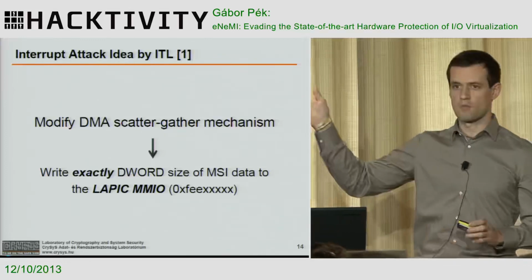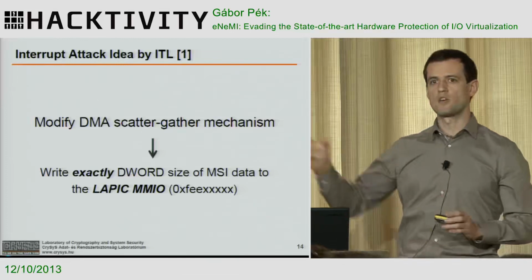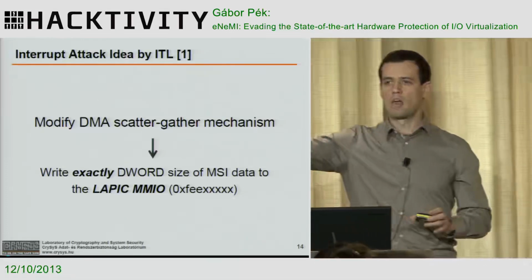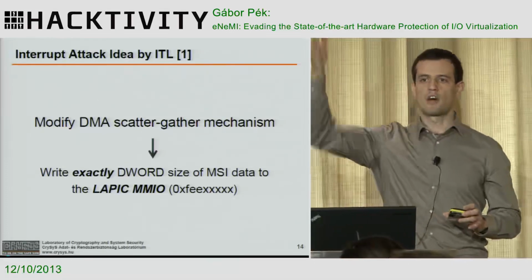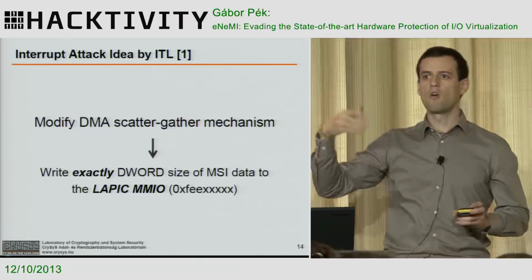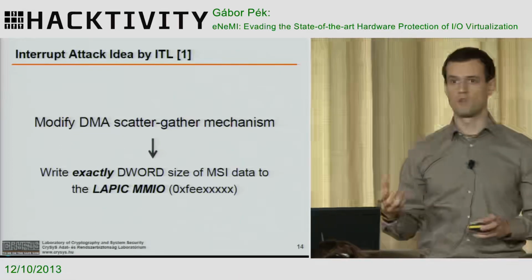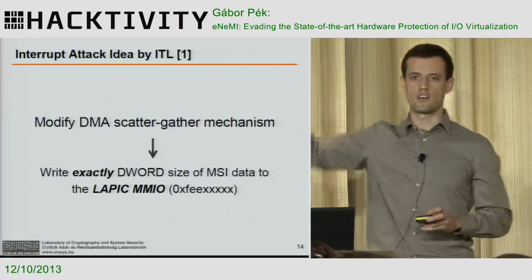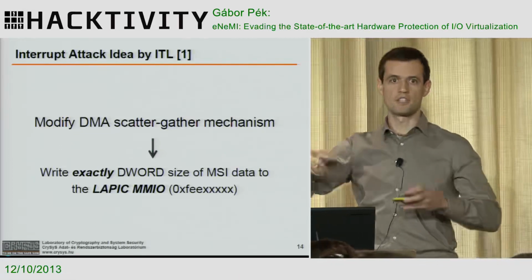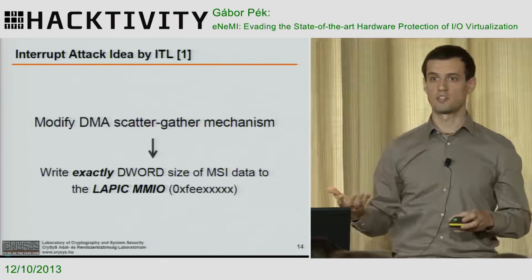So the idea came from them that when you have a VM with direct device access, the only known mechanism to achieve a message signaled interrupt was using PCI configuration registers. However, these are virtualized, emulated by the system as well.